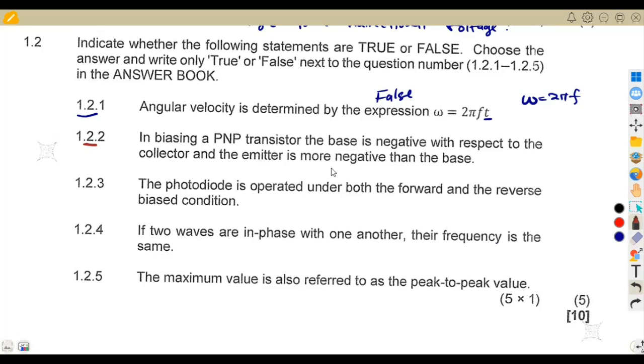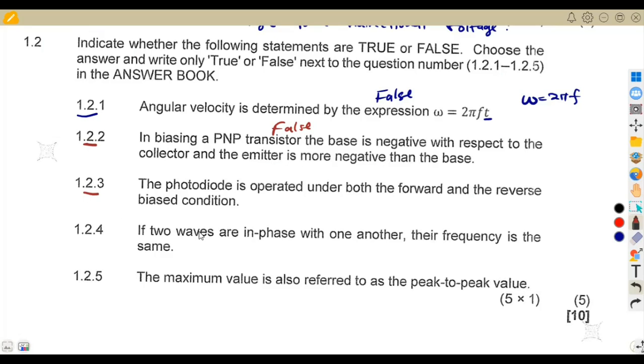This statement is actually false again, because in the biasing of a PNP, what we know is that the collector is more negative than the base. So the first statement is fine, but for the second one, it must be the collector there.